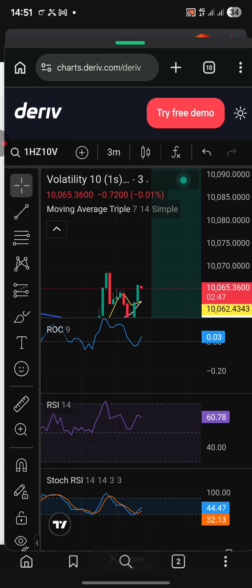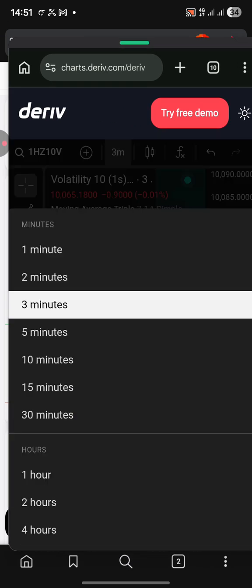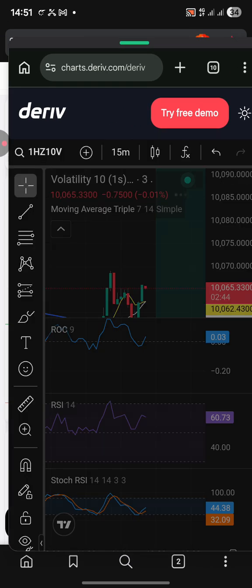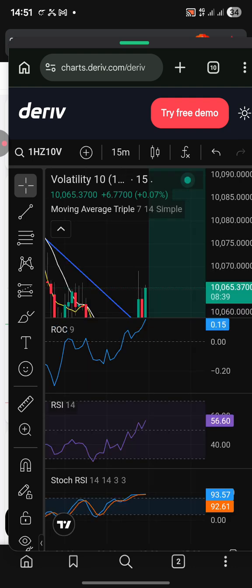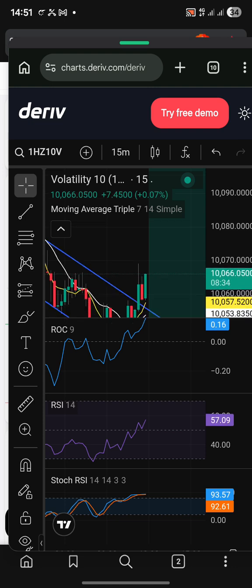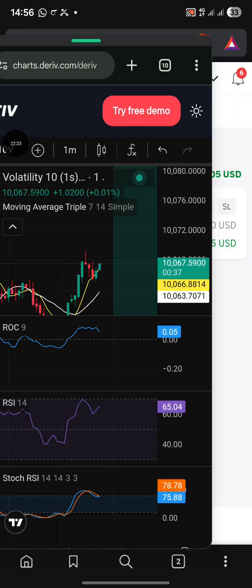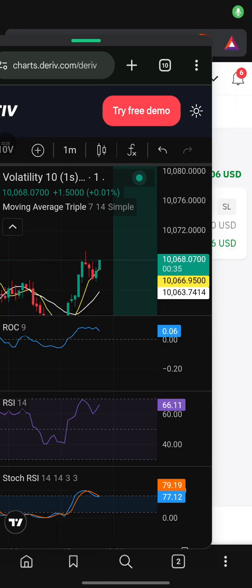So let's wait and see how the market will go, how the market will react after a few minutes. Then we shall assume and see how it is behaving. Let's wait. Guys, this is another massive win.